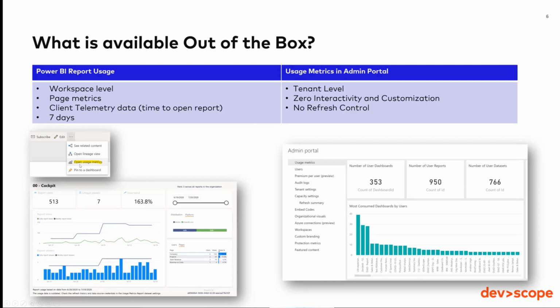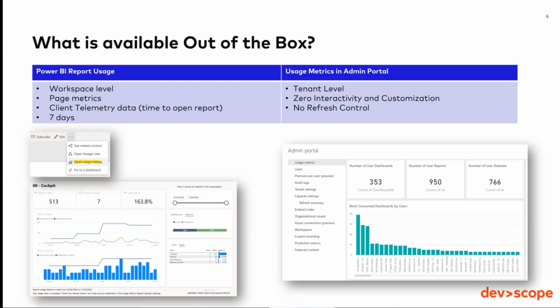And when you click on this button, this will open a report for you that will show for the last 7 days the report activity for the workspace. And these are two limitations for me. So first, it's workspace level.